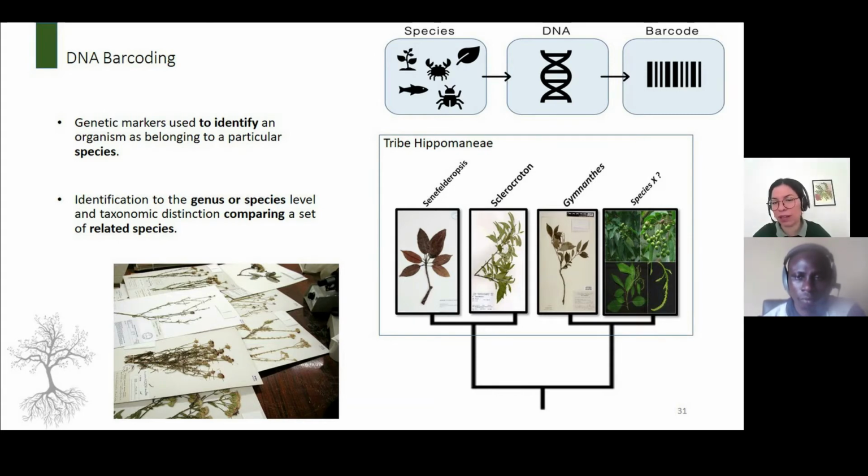Just another aspect, that there are several species that haven't been discovered yet. So from all the species that are present in the world, 80% of those species are still undiscovered. Nobody discovered those species.